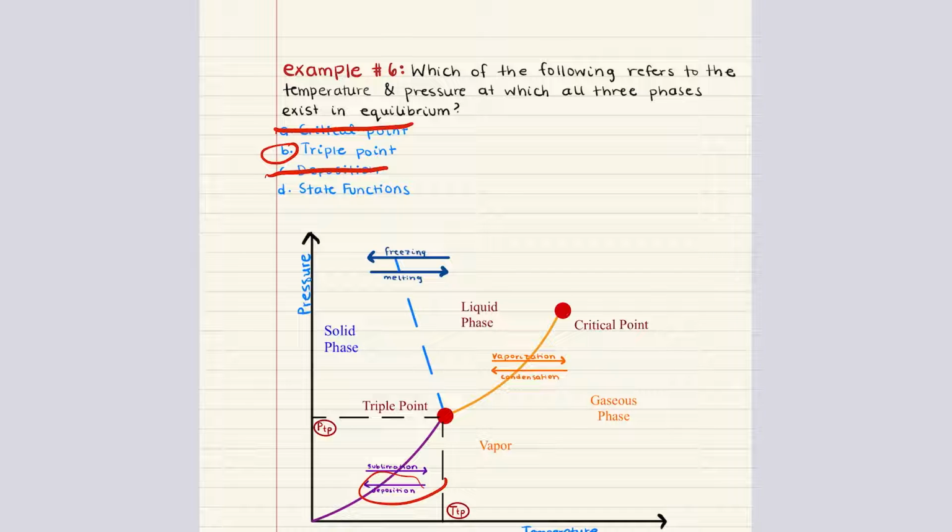These are properties that depend only on the current state of the system and not on the path taken to reach that state. So examples include Gibbs free energy, entropy, enthalpy, temperature, volume, pressure. This is not what this problem is asking either, so we can eliminate D. Again, the correct answer for problem 6 is going to be B, triple point.